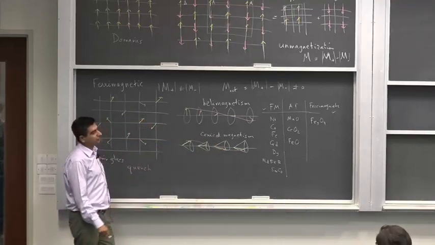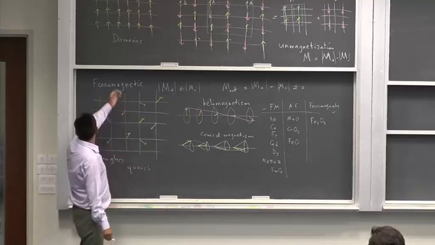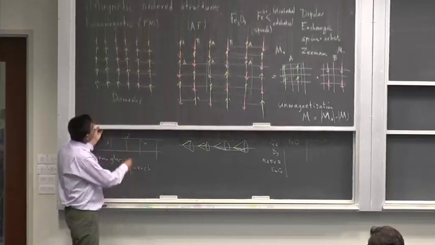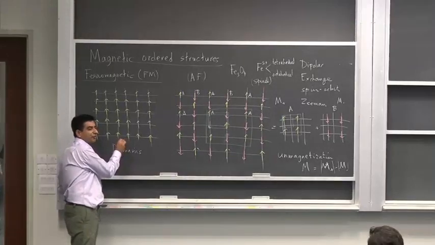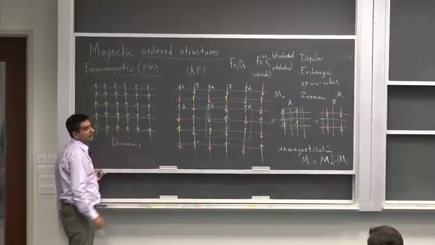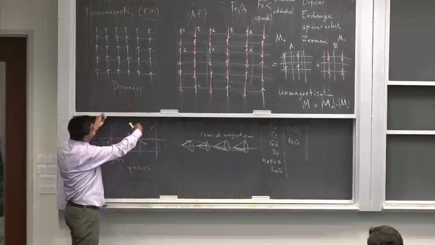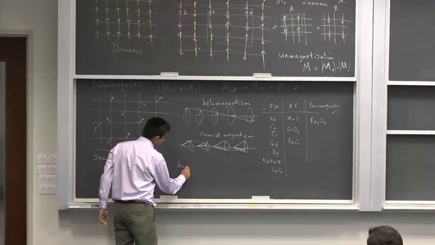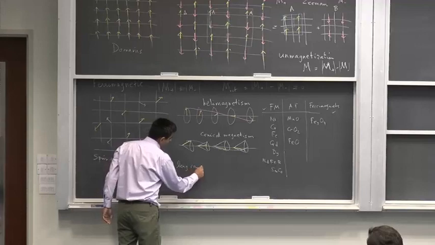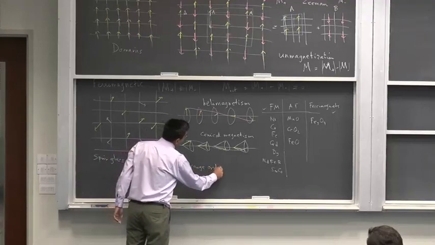Now what we would like to do today is discuss how we explain this ordering and what the origin of this ordering is. First of all, remember that the order that we are discussing is a long range order, and this order is seen at room temperatures.